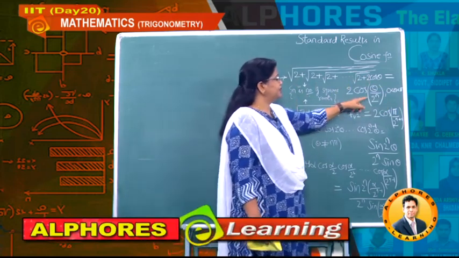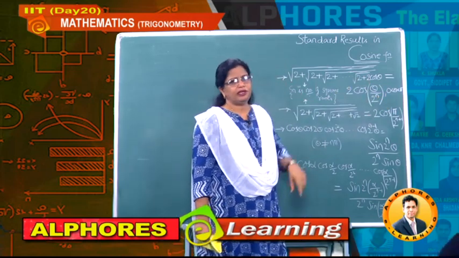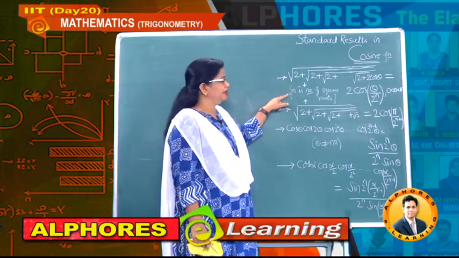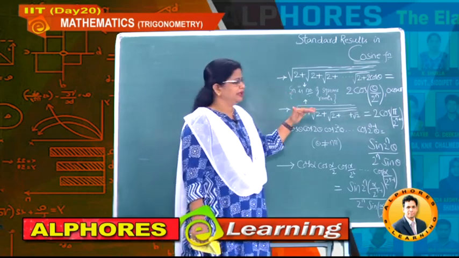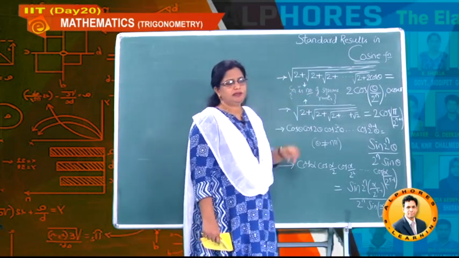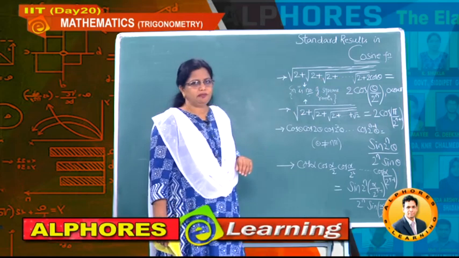And next this is 2 to the power of n, where n is nothing but the number of square roots. Students, this is the result we did yesterday, with an extra step. Yesterday we took 3 and here it is n values. So let us remember this one as a formula.